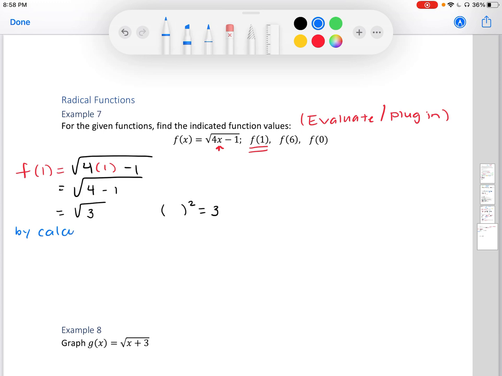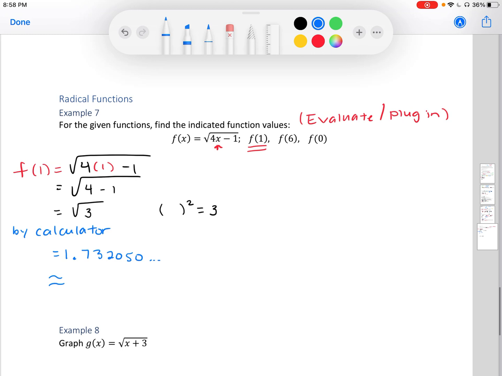By calculator, the square root of 3, we get 1.732050, and it continues on. You can round to 1 or 2 decimal places depending on what your instructions say. So let's say 2 decimal places, 1.73. That's our answer. So we can say f of 1 equals 1.73.